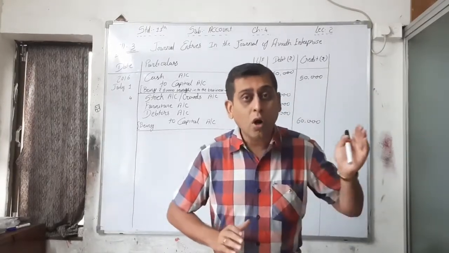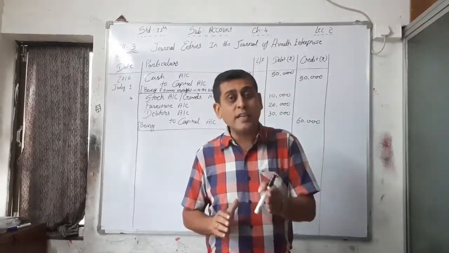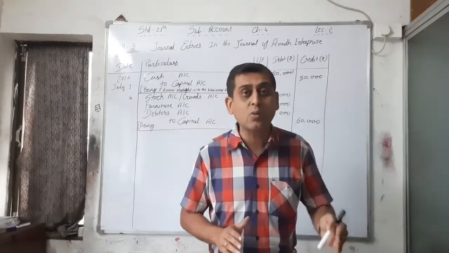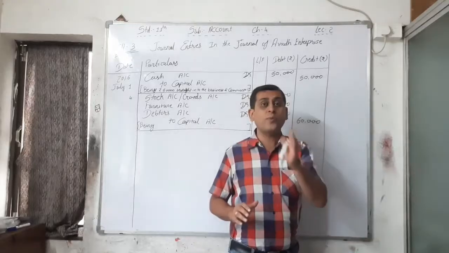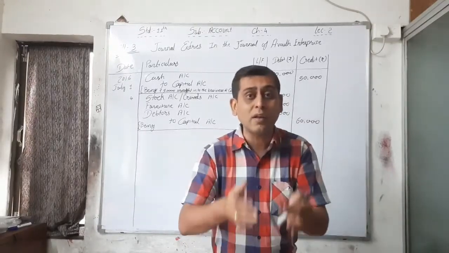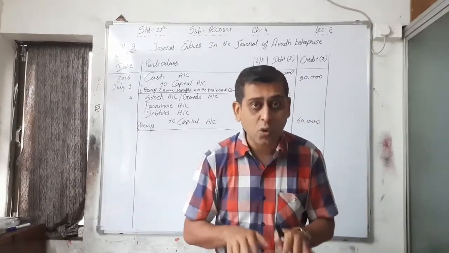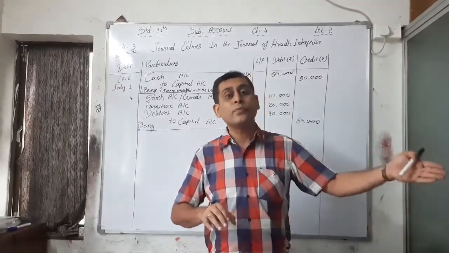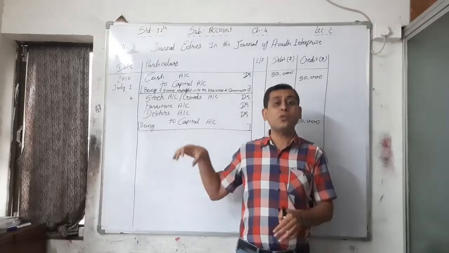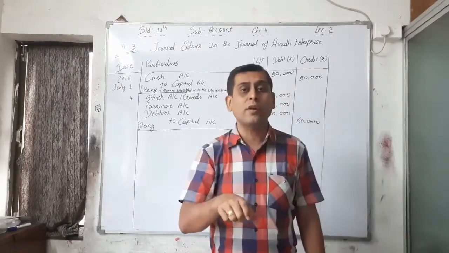Okay, so the owner here sold his personal bike of 20,000 for 15,000. So he made a loss of rupees 5,000, but it doesn't matter to his business. Okay, from that 15,000 he brings rupees 10,000 into the business. That is the main point.